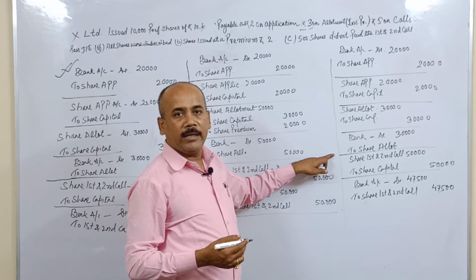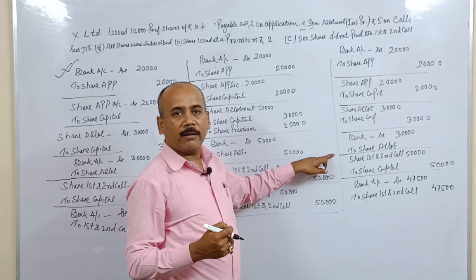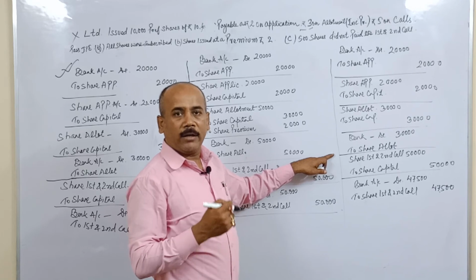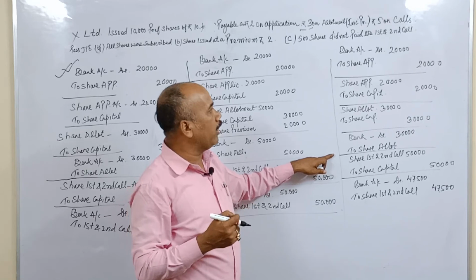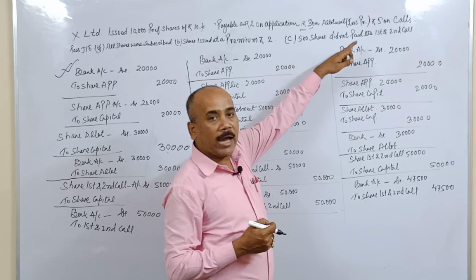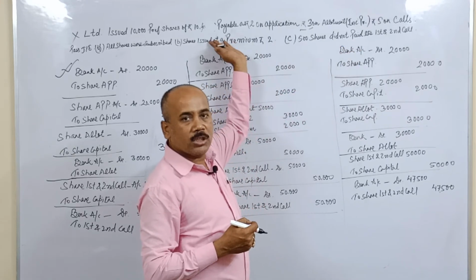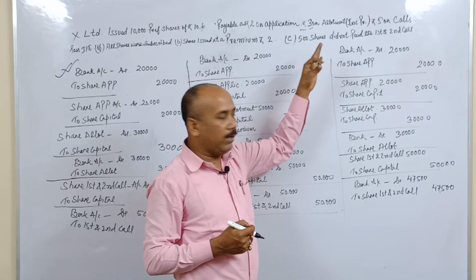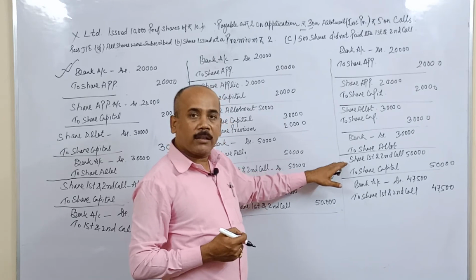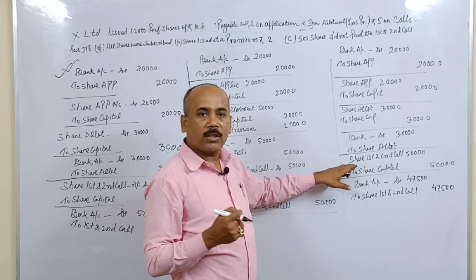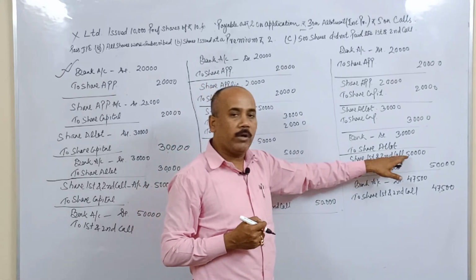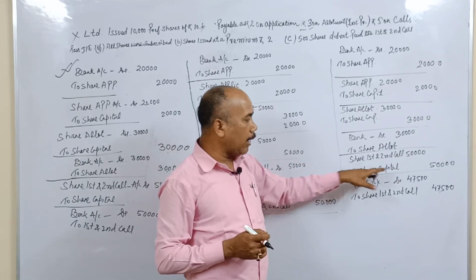And finally, when we make a due entry for first and final call, the due entry will be 5 rupees each. 10,000 shares will be multiplied by rupees 5. Then we will make the due entry for 50,000, share first and second call account debit to share capital.